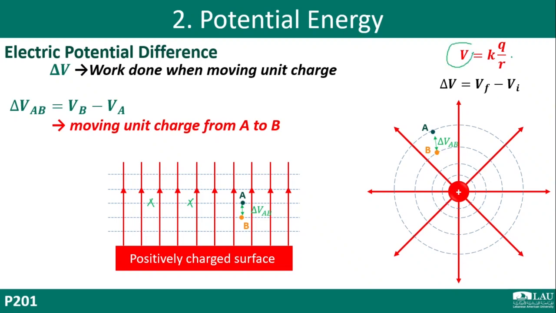If you check again the formula relating the electric potential to the distance, if R increases, the potential will decrease. So V and R are inversely proportional. At a certain point, we will obtain a potential value of 0.